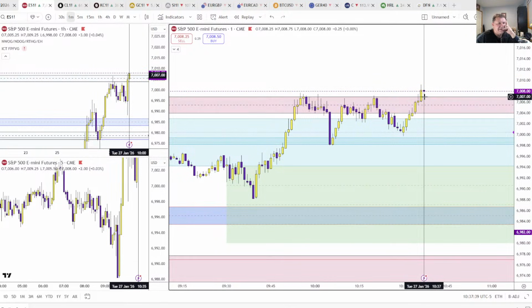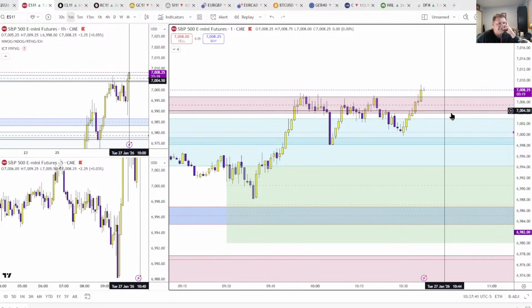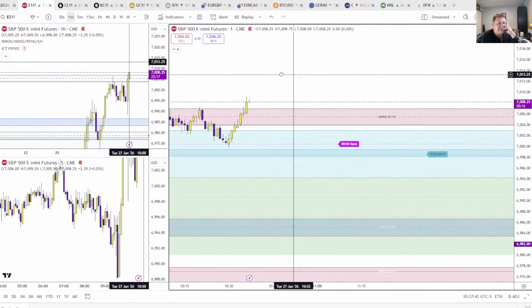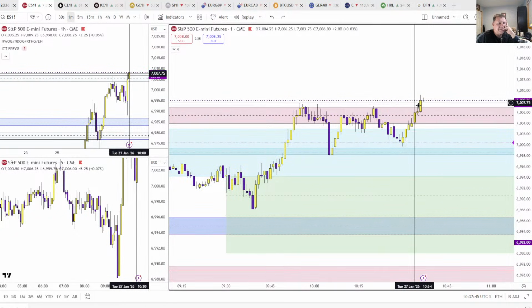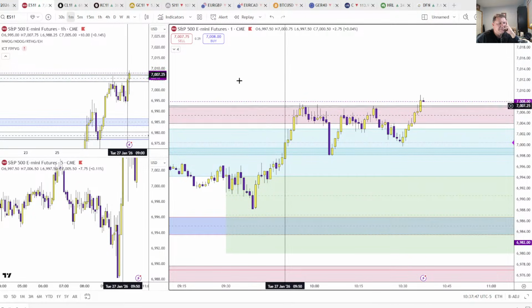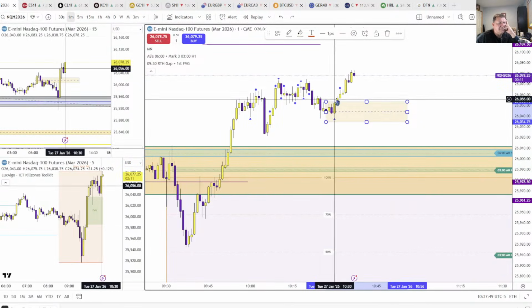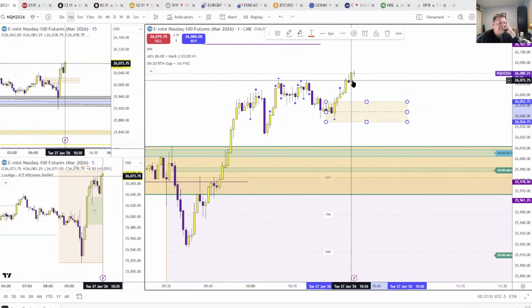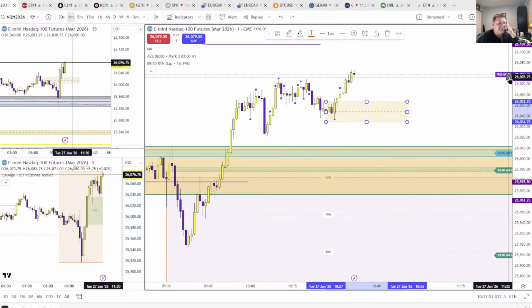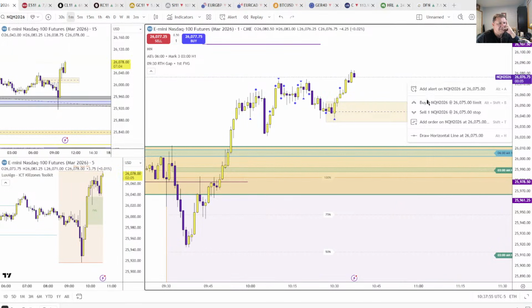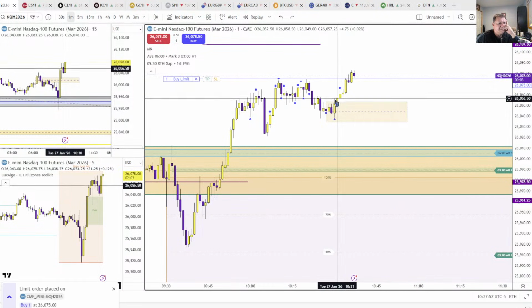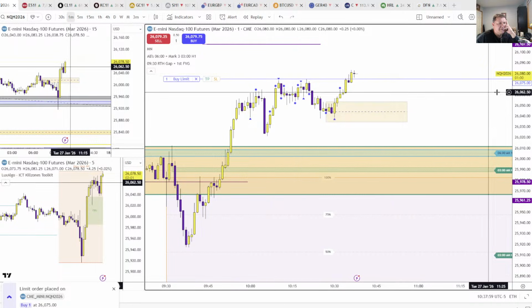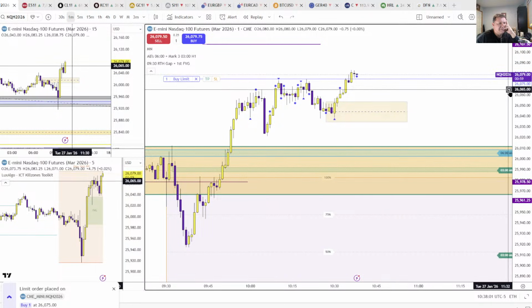Ideally, I'd like to see it come down, give this a kiss right off this, what is that one there? New week opening gap, and send that higher. Now we've got this traded above here. I'm looking for this to enter in right there, and then right here.